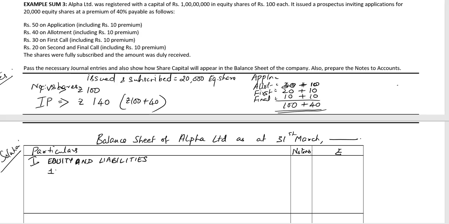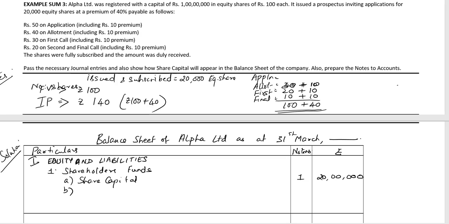We have 1 shareholders funds. Under that, A, share capital. And against note number 1, we will write the amount of the share capital, which is 20 lakh rupees.